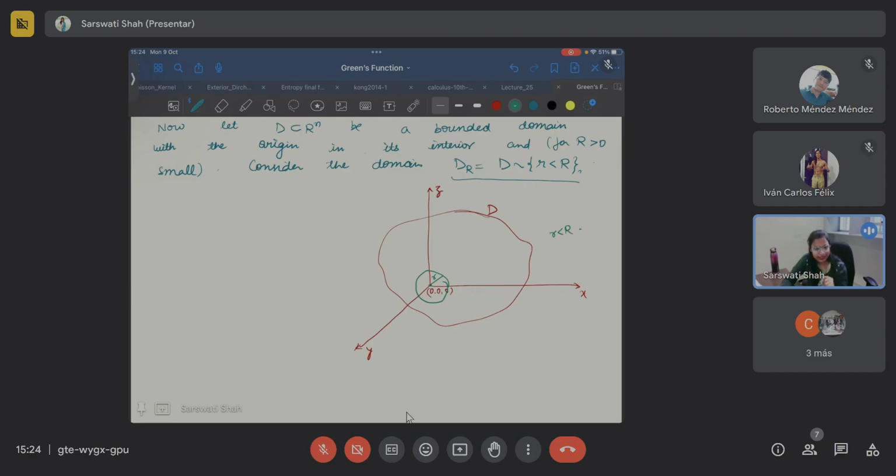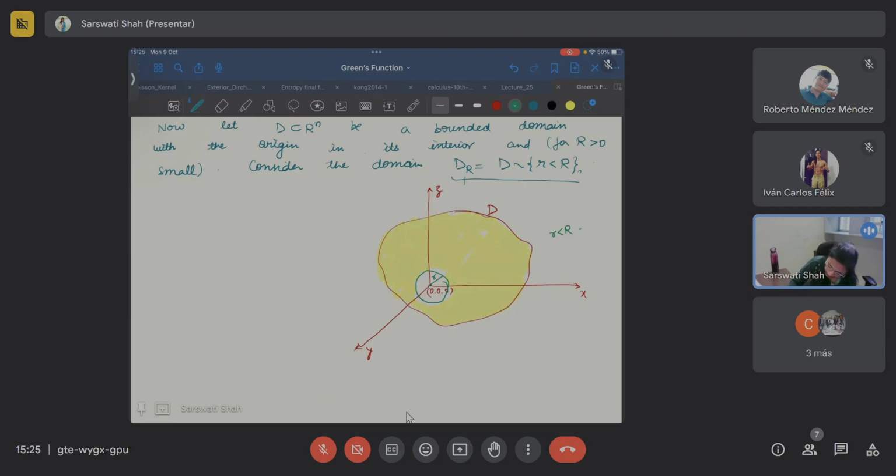So exclude this ball from the domain D. Since we are excluding a bounded region from a bounded domain, the final domain is going to be bounded. So D_r equals D minus the ball of radius less than r.